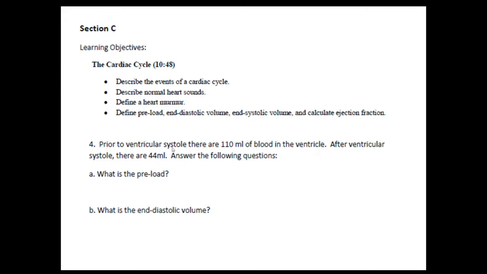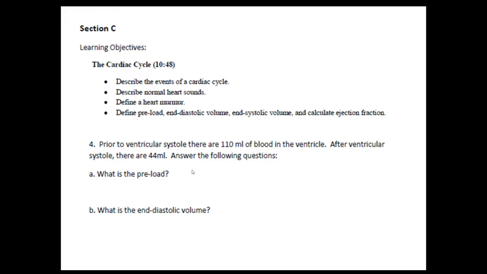So ventricular systole means contraction of the ventricles. Contraction or systole occurs at the end of diastole. So the preload, which is the amount of blood in the ventricles prior to contraction, is 110 milliliters because by definition, prior to ventricular systole, there are 110 milliliters in the ventricle.